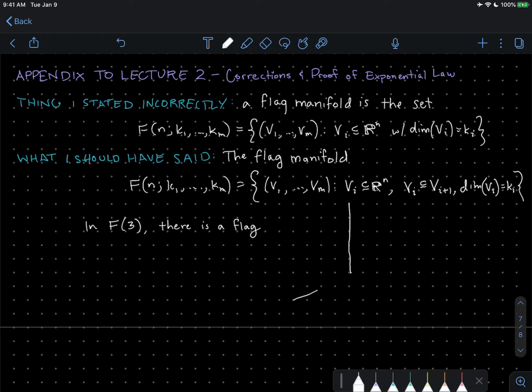Let me do a poor job of drawing 3-space. For example, we could take the plane given by x equals y, and z can be anything. There is a vector subspace of this plane.